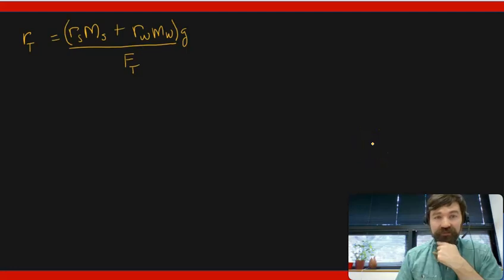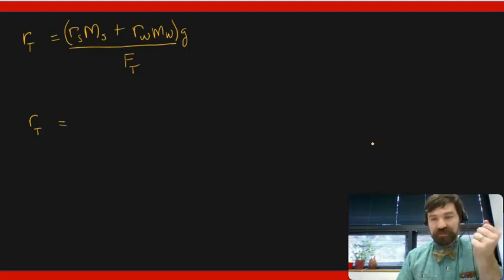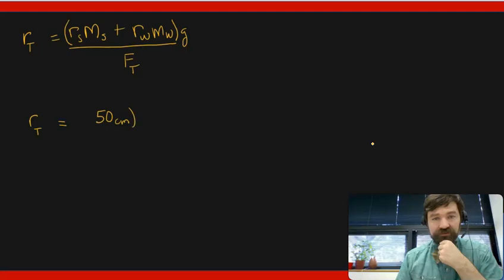Alright, I can now plug some numbers into my equation to get the location that the string must be attached, that the tension must be applied at. So stick was 50 centimeters, mass of stick was 105 grams, which is 0.105 kilograms.